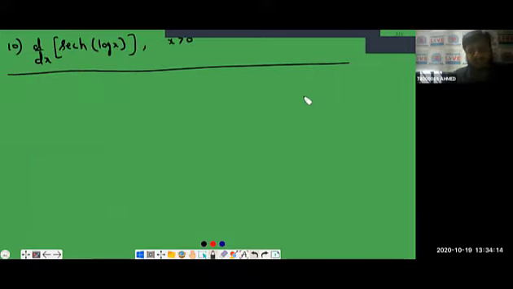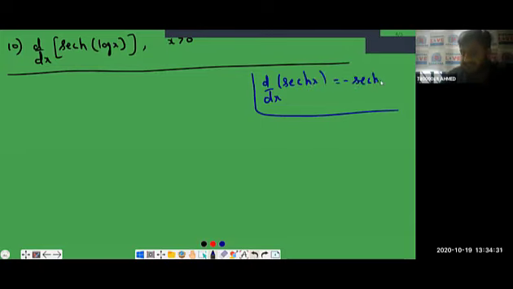d by dx of sech of log x. First I will write the formula for d by dx of sech x, which is minus sech x tanh x. We all know d by dx of secant x is secant x tan x only; here it is minus sech x tanh x, so that is the only difference.